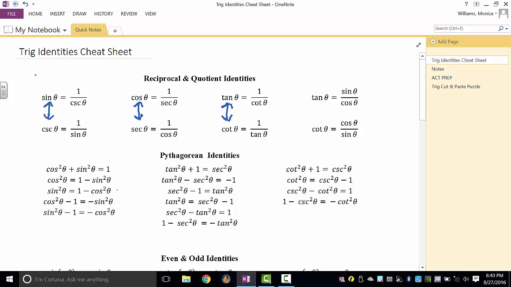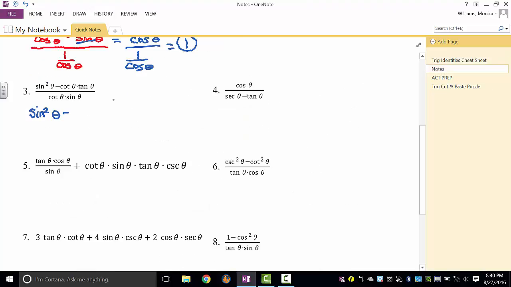So anytime you see a function being multiplied by its inverse, it will equal 1. Sine times cosecant will equal 1 because they are inverse functions. Cosine times secant will equal 1 because they are inverse functions. So tangent times cotangent will equal 1 because they are inverse functions. That will save you some time if you can remember that.